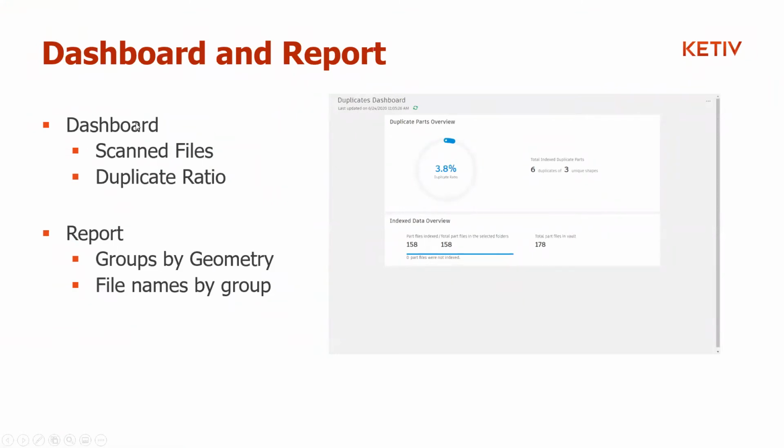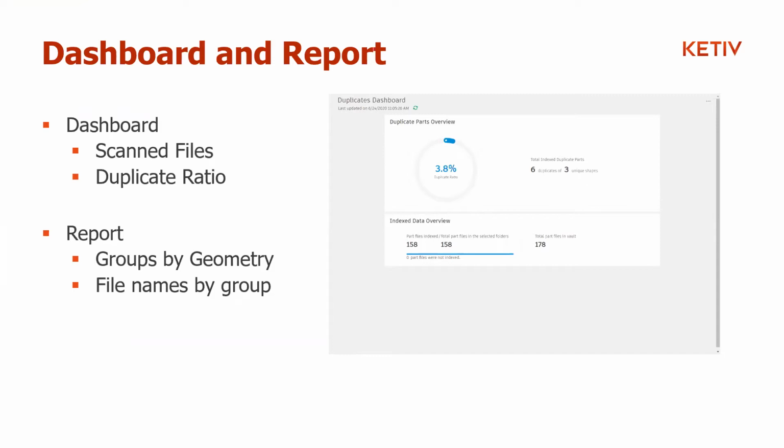Depending on the amount of files that you have and selected to be indexed, it may take a little while for it to update completely. But once all the jobs are done, you can actually check your dashboard to see basically the state of your Vault as far as duplicate geometry.